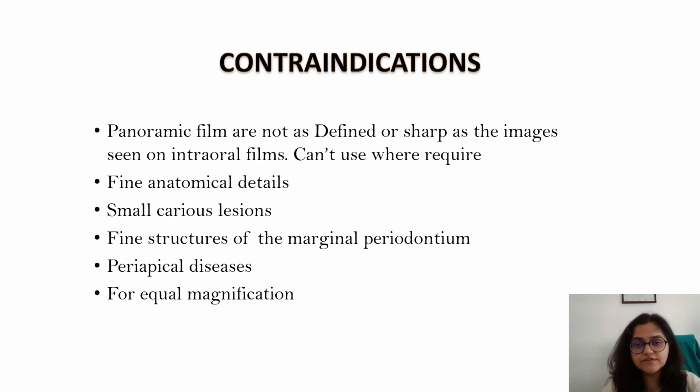It has several contraindications: panoramic films are not as defined or sharp as the images seen on intraoral film, so they can't be used where fine anatomical detail is required.